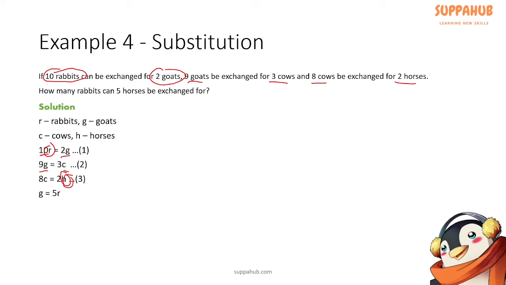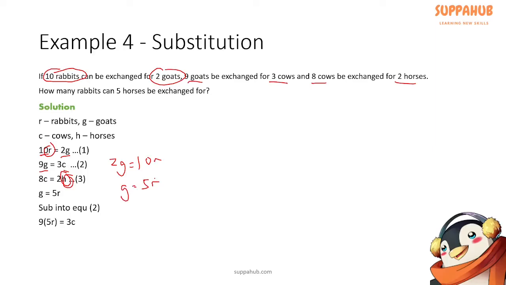Because you have 2G = 10R, so G = 5R. Then sub this into equation 2.